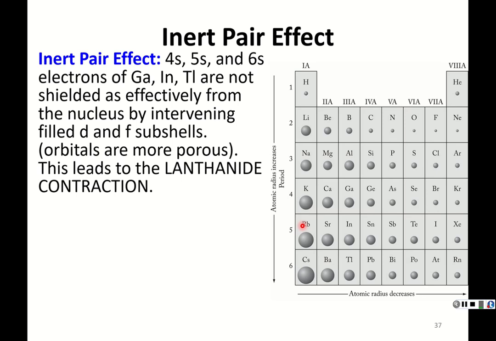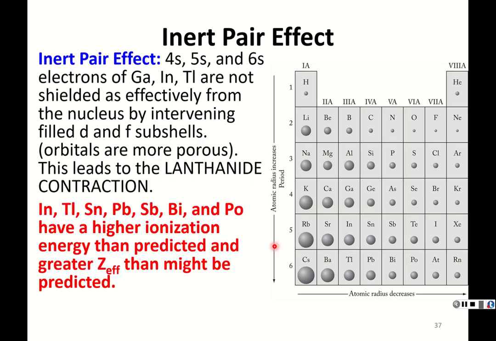So 4s, 5s, and 6s electrons of Ga, In, and Tl are not shielded as effectively from the nucleus by the intervening D and F subshells. That means, in a sense, the orbitals are more porous, and that's what leads to that lanthanide contraction.